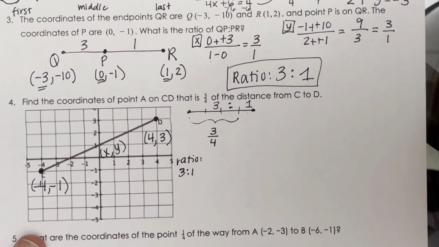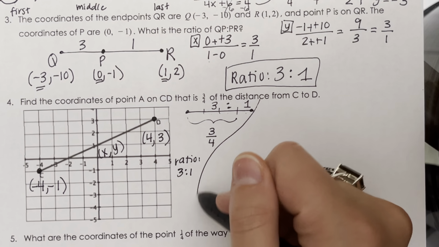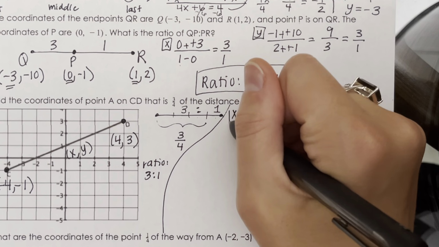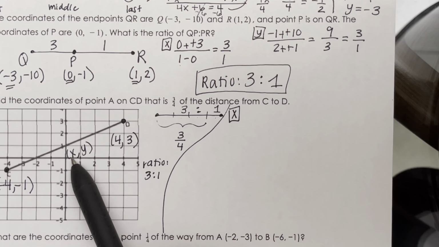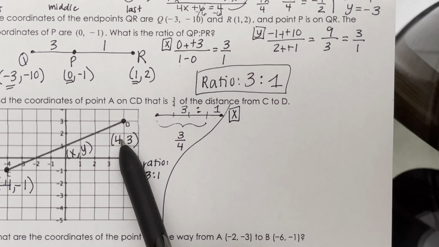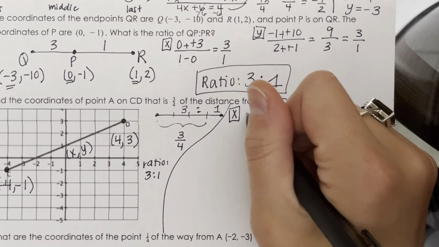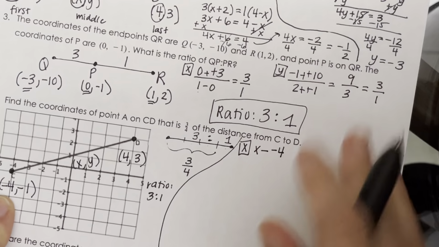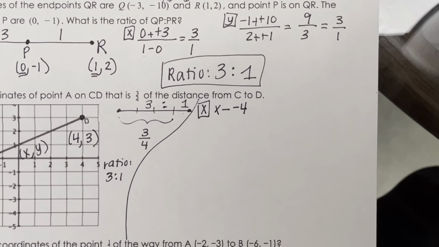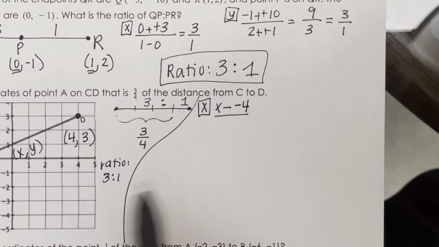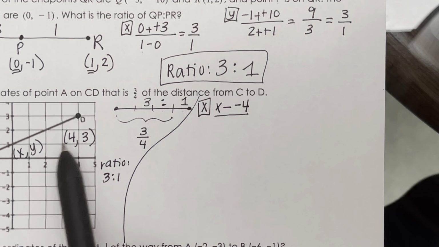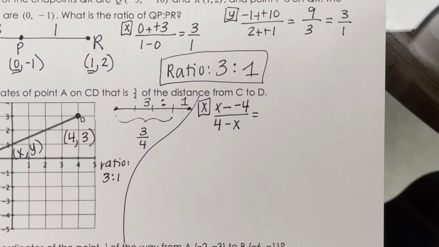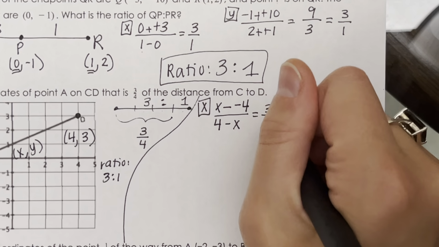Okay, so now I'm going to do just like I did before for my other problems. I'm going to do my x's first, then I'll do my y's. So my x's are going to be middle minus first over last minus middle. So x minus my first, which is -4, over last minus middle, 4 minus x, and I set that equal to my ratio, which we said is 3 to 1.